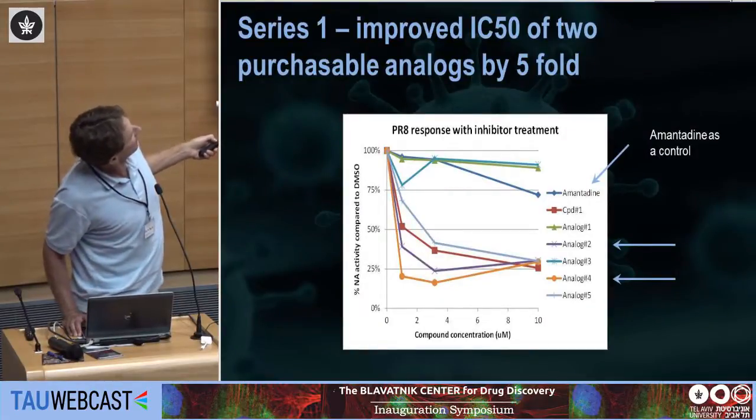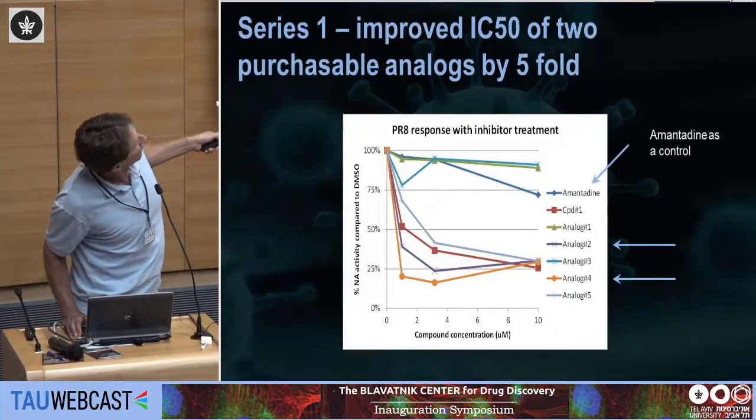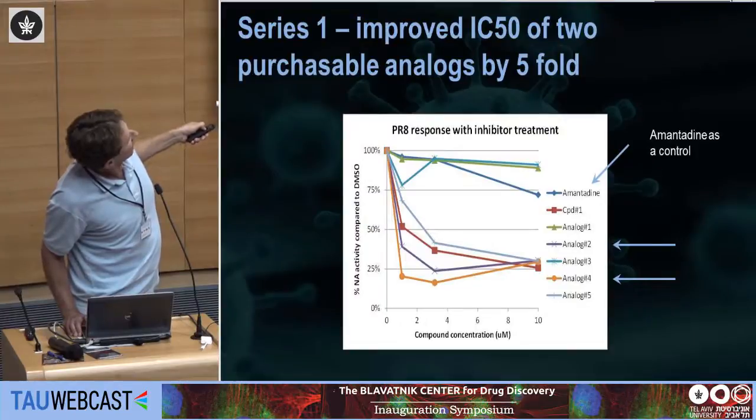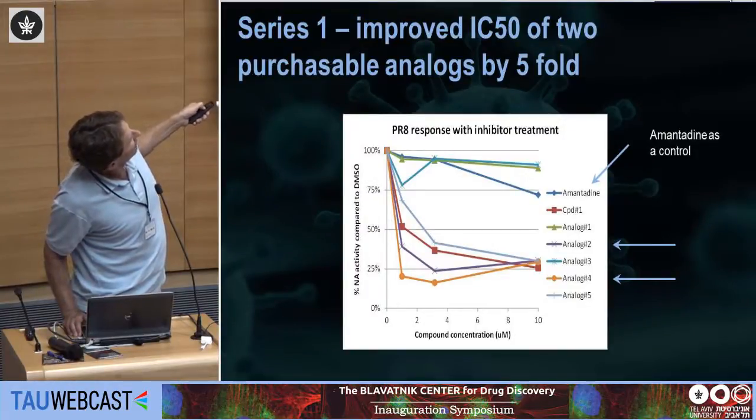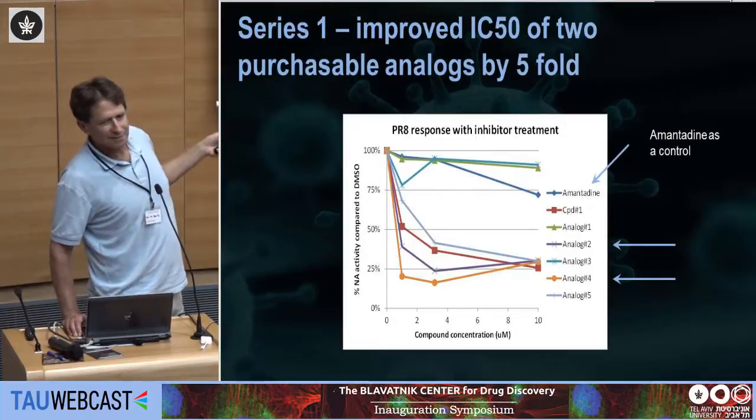Now here are two particularly interesting analogs, analog number 2 and 4. They are very active. And here is a comparison to Amantadine as control. You see that Amantadine essentially doesn't inhibit, doesn't bind.